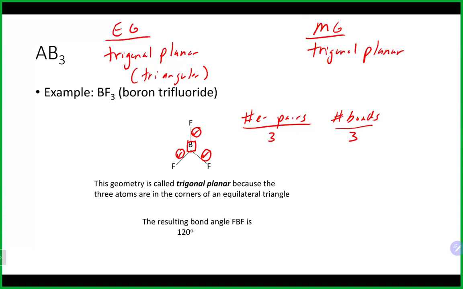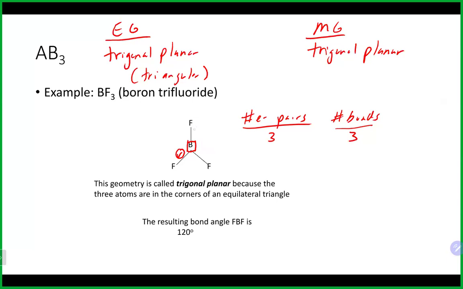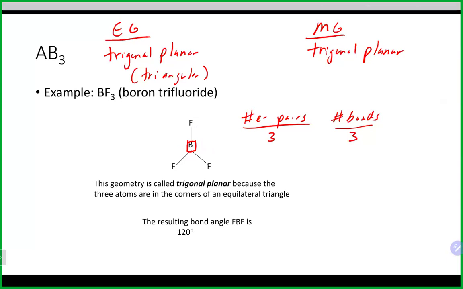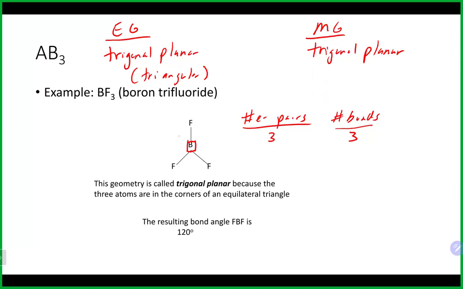Now, what's happening in this case? We have an extra bond and an extra pair of electrons present. So, unlike in the previous example, these have to get some distance from each other, but now they can't get too close to each other either, and it ends up in this trigonal planar geometry. And you can kind of see here why it's sometimes called triangular.